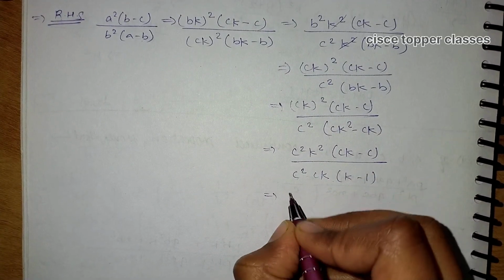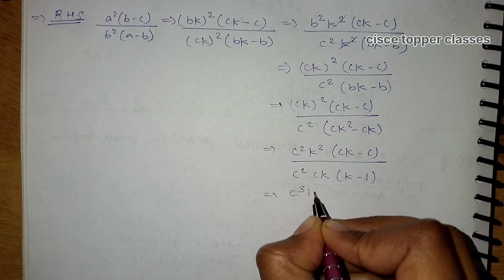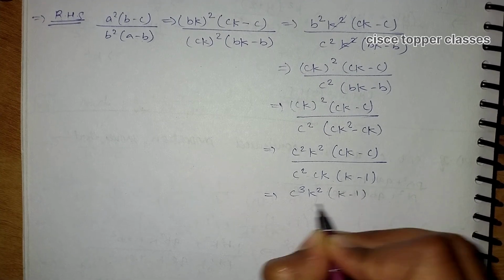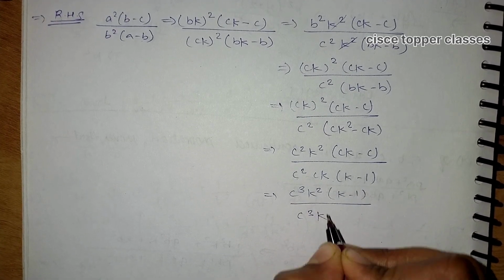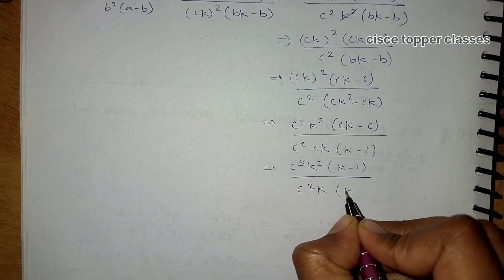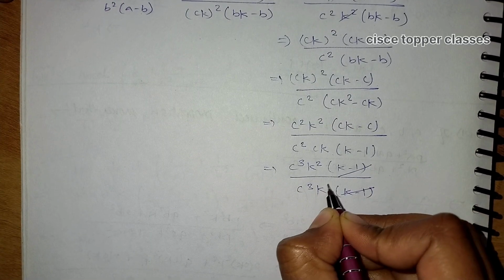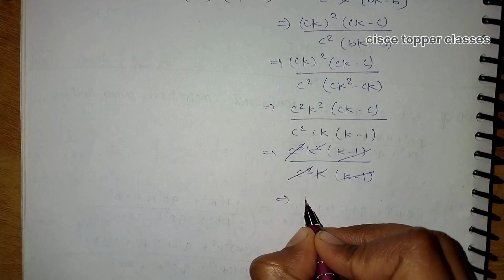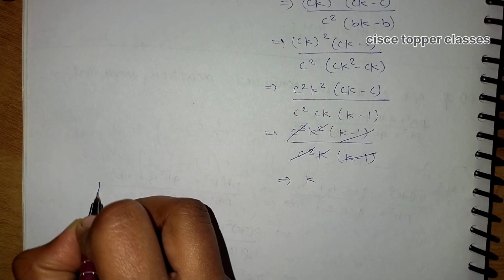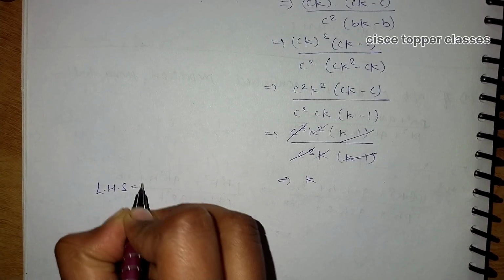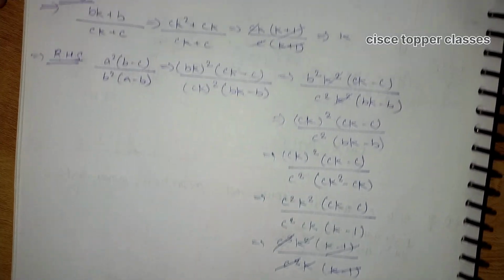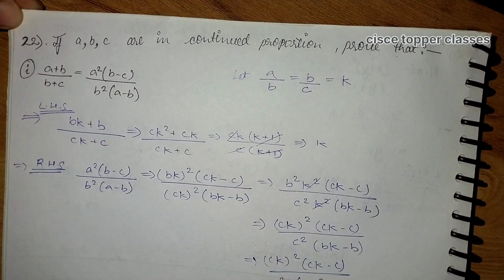Here also C we can take common, so it will become C cube K square, and here (K minus 1) divided by C cube (K minus 1). So this will simply cancel out. K will cancel out. C cube will cancel out. We will get equal to K. So here LHS is equal to RHS in this part. Hence proved that A, B, C are in continued proportion in question number 22, first part.